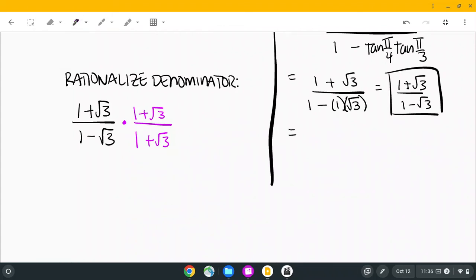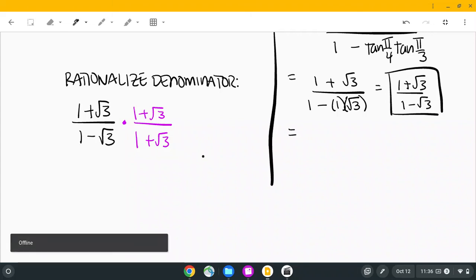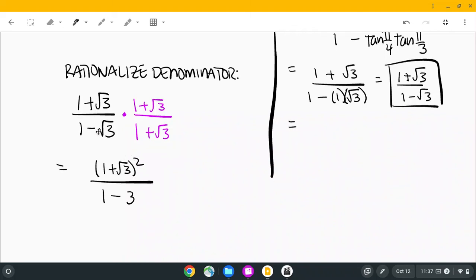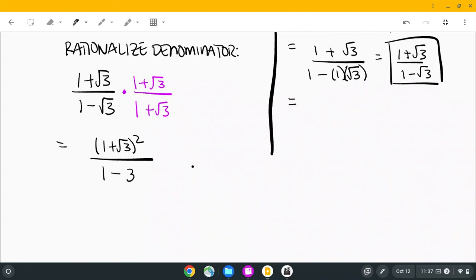What happens is when you multiply conjugates, okay, on top, we have this twice. We'll deal with that later. Okay, so what happens here is you get the difference of squares. So you end up with 1 minus the square of 3, which is just 3. And that's how you get rid of your square root in the denominator.